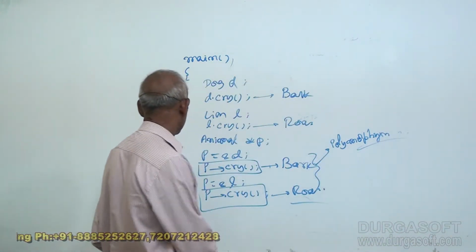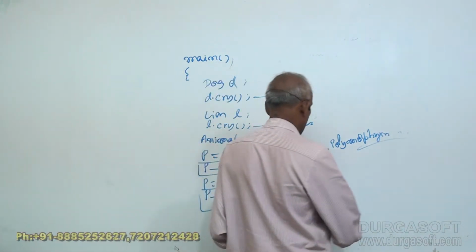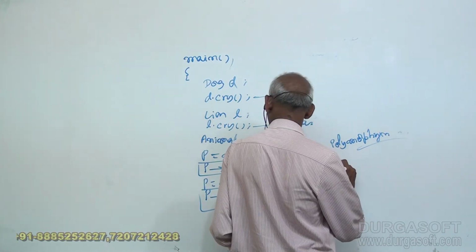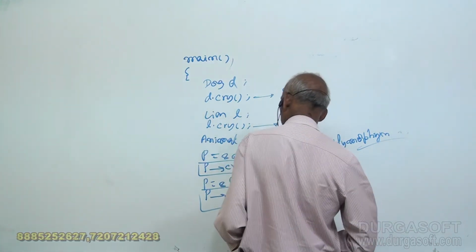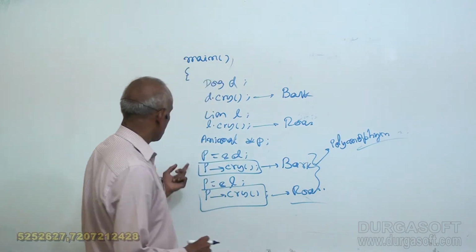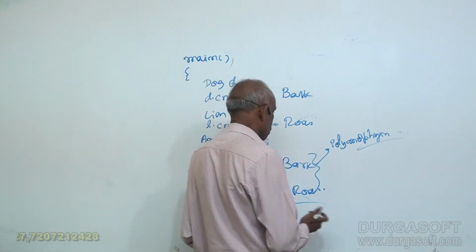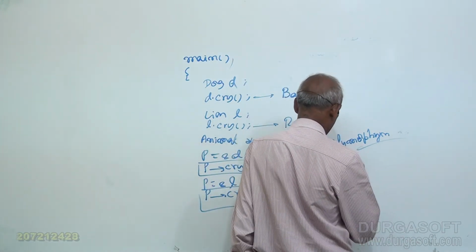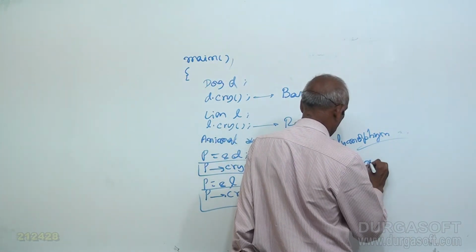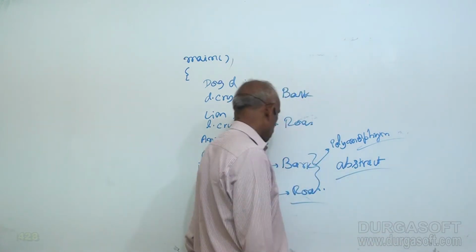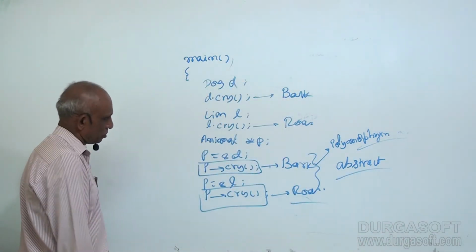And for this we use this base class pointer pointing to a derived class, all this stuff. So what are the things we used? We used an abstract class. So what is the need of an abstract class actually?